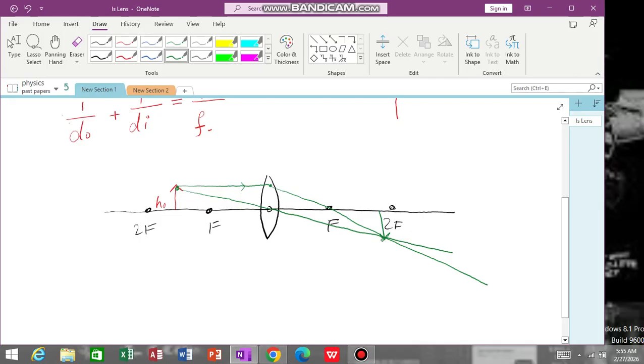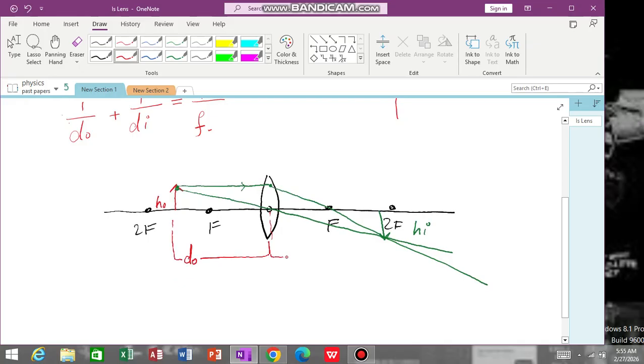The point where all the rays meet is where the image will be, and the image height is represented by hi. Now the distance of the object from the lens, this is the optical center, the lens, and up to here is the object. So this distance is known as do, the object distance.